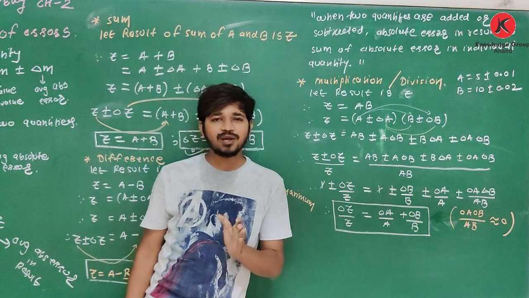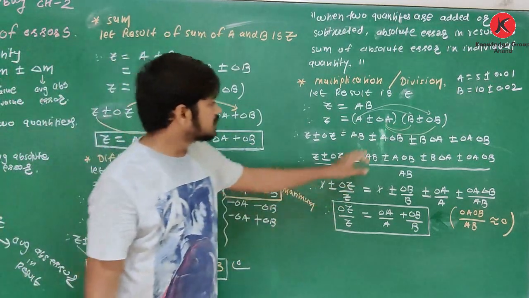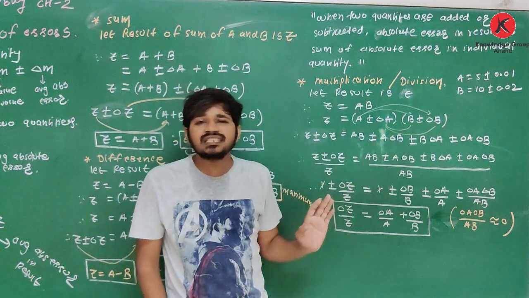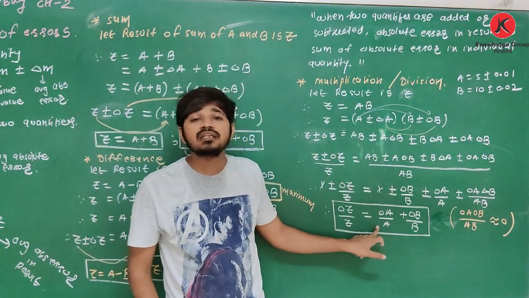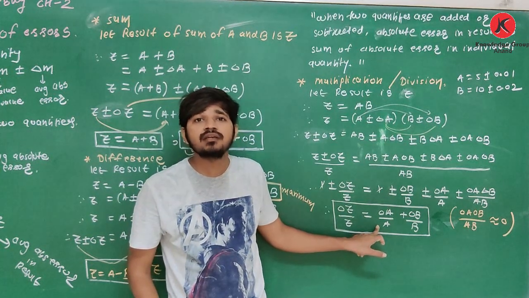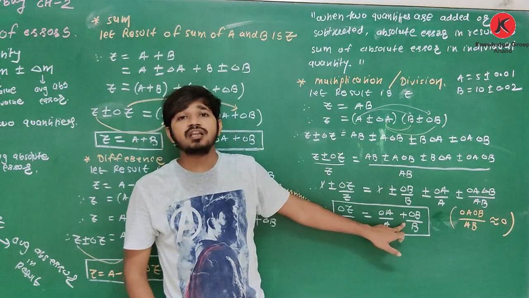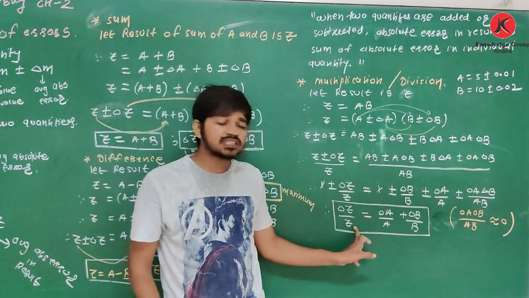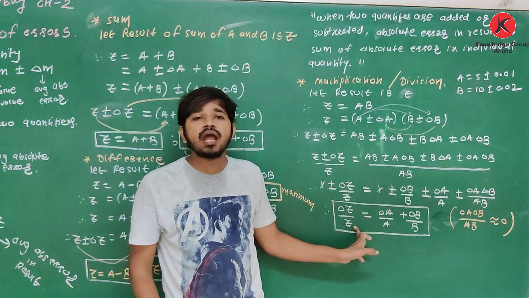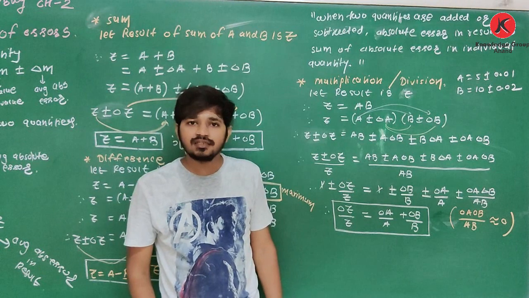Now see, remember last lecture. This delta A is called average absolute error, but delta A upon A is called relative error in physical quantity A. Delta B upon B means relative error in physical quantity B. Delta Z upon Z means relative error in the result.